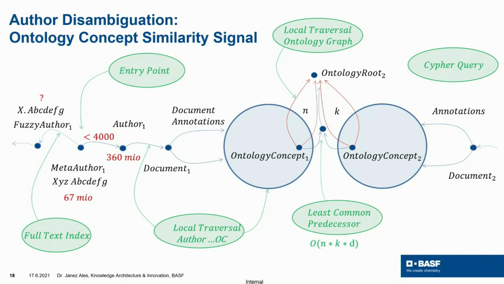Voila, it's already exploded, right? So that's your problem. You have n paths from one ontology concept to the top, to the root, and you have k for the other one, and you need to be finding the least common predecessor. This is, of course, very fast when you have a tree for your ontology. If you don't have a tree, this eventually blows up.